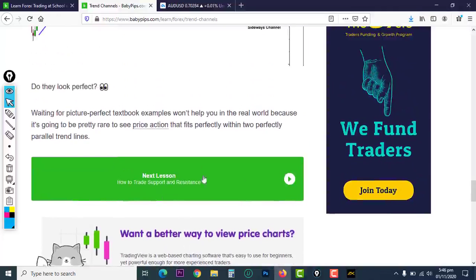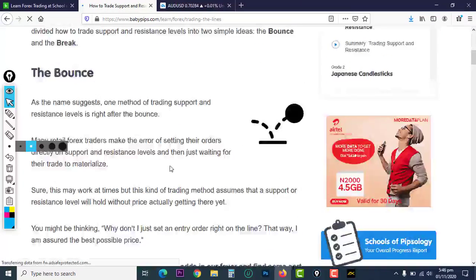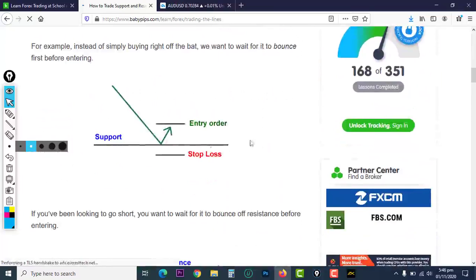So how do you trade support and resistance? I think we've talked about this. So the bounce, trade the bounce. Once the market trades to the support and it's bouncing off, that is when you want to enter the market. Okay, something like this. Look, we have a support line here. Prices have come to the support area right here, right, and it's bouncing off. Look at your entry.